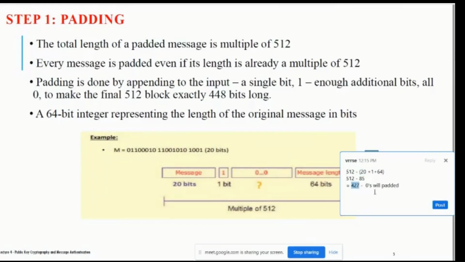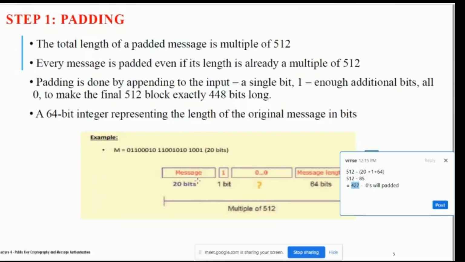We are calculating. 1 bit is reserved for the beginning of the pad, so you have to use 1. Then the last 64 bits you cannot change. So I'm adding everything: this is 85. So 512 minus 85 equals 427. So 427 zeros will be added in this particular case.